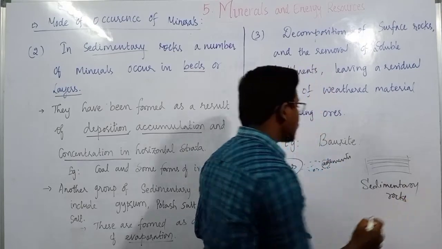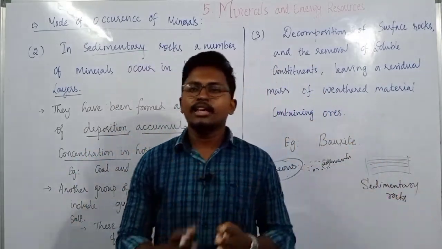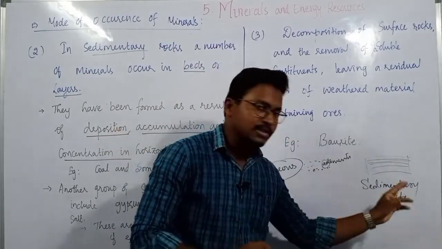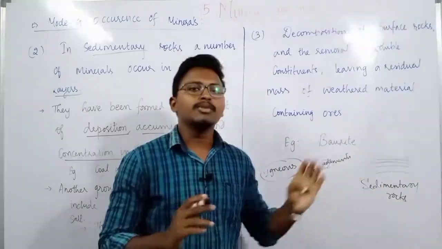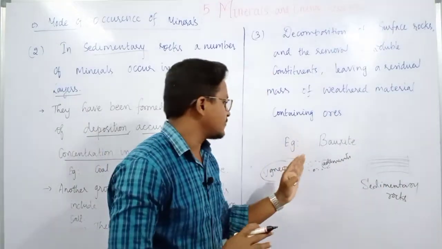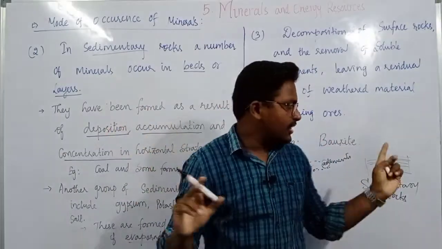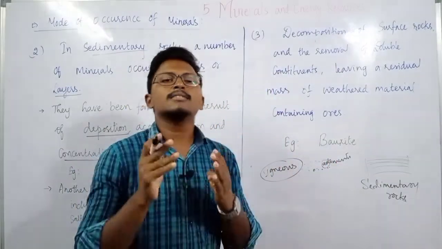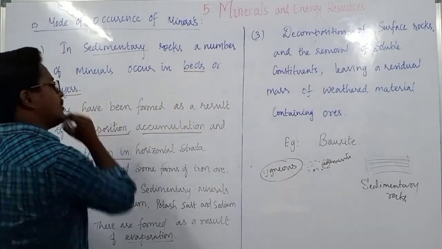So in the process of changing from igneous rocks to sedimentary rocks, there will be deposition of sediments, and at the same time accumulation. Because of this deposition and accumulation of the sediments, some minerals will be formed in the form of beds or layers.